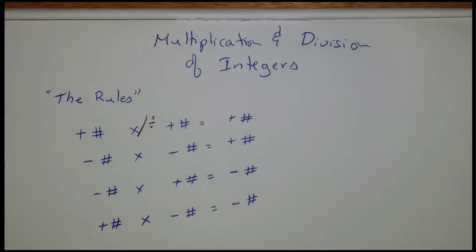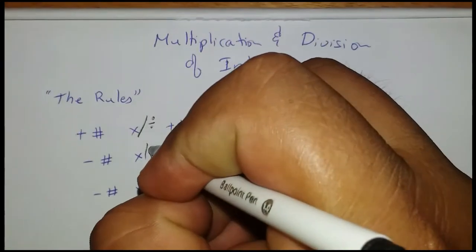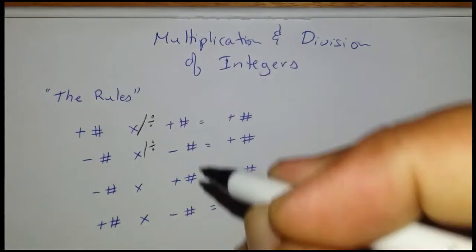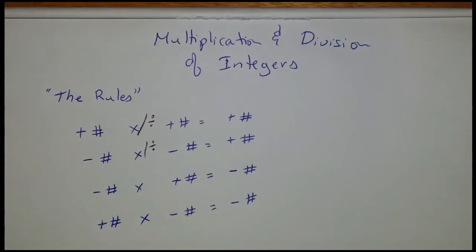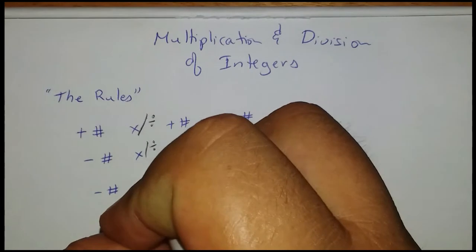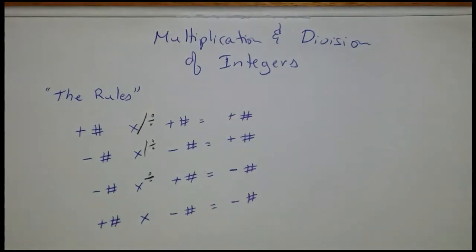The second one, if I have a negative number and I want to divide it by another negative number, my answer is going to be a positive number. And then if I have a negative number and I want to divide that by a positive number, my answer is going to be a negative number.